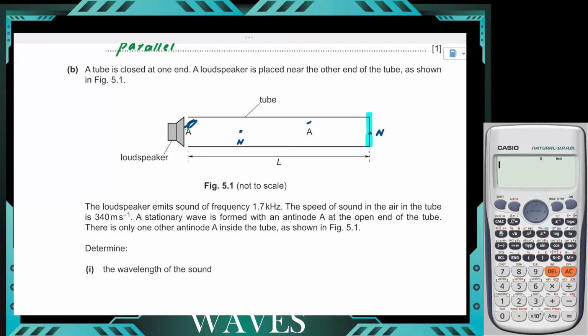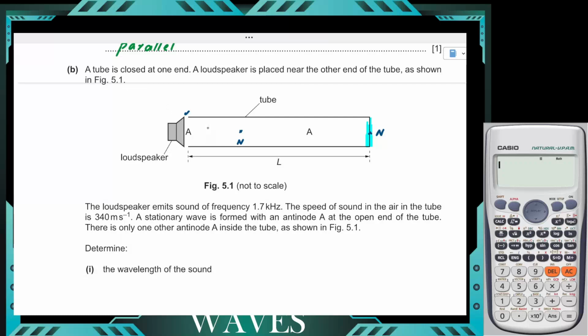All right, so let's get back to the question. At the start we have an antinode and the next antinode is somewhere over here, and we know that between two antinodes we must have a node, and the right side of the tube, since it's a closed end, must have a node. Before doing anything, I haven't read the questions yet, but I'm going to draw a stationary wave in the tube.